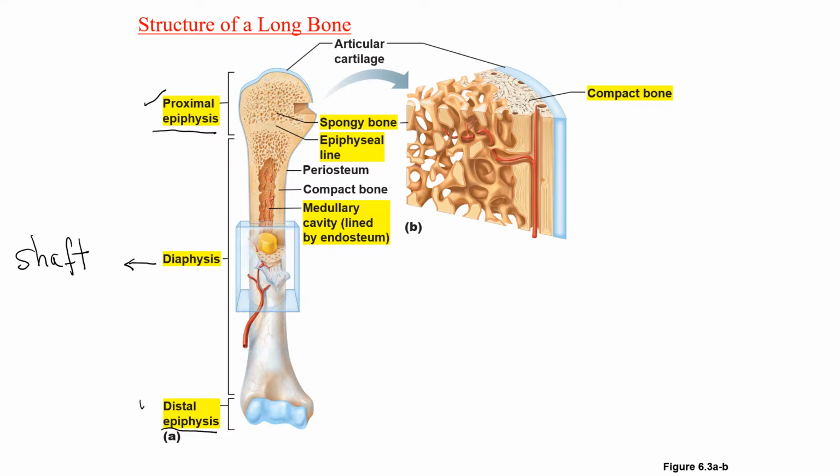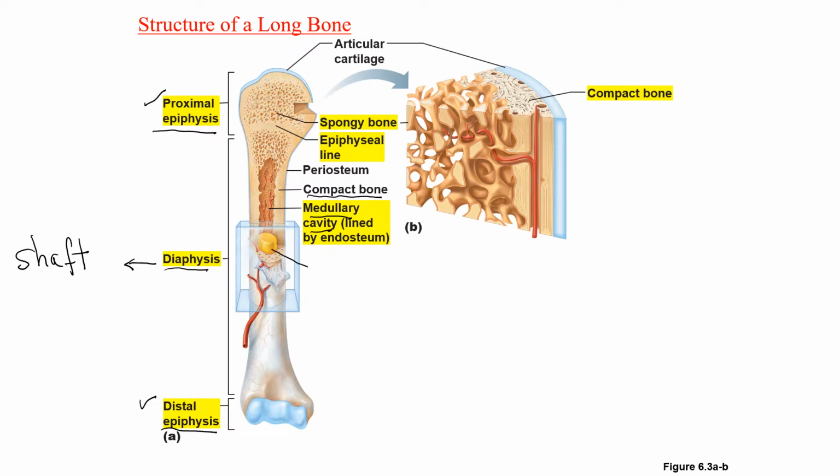The distal epiphysis will be the one furthest from the trunk. The diaphysis, or shaft of the long bone, is made of compact bone tissue which surrounds a cavity called the medullary cavity.